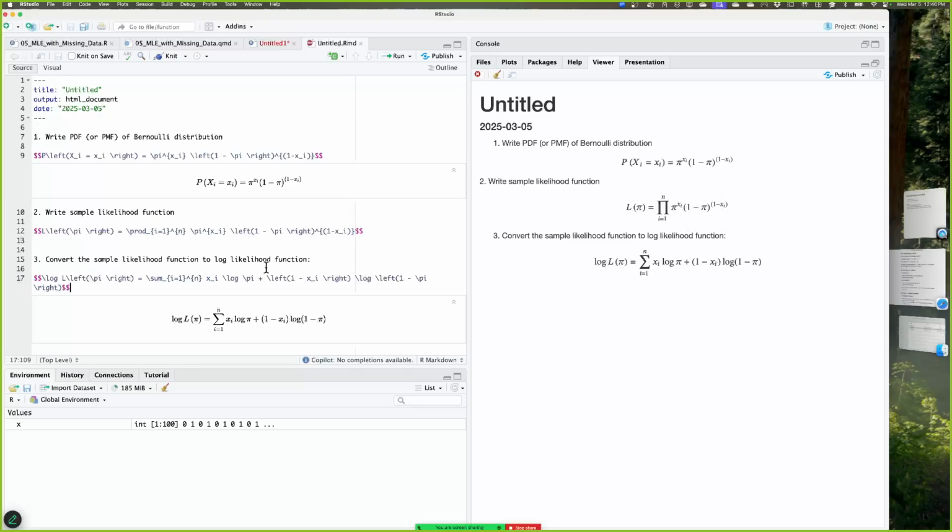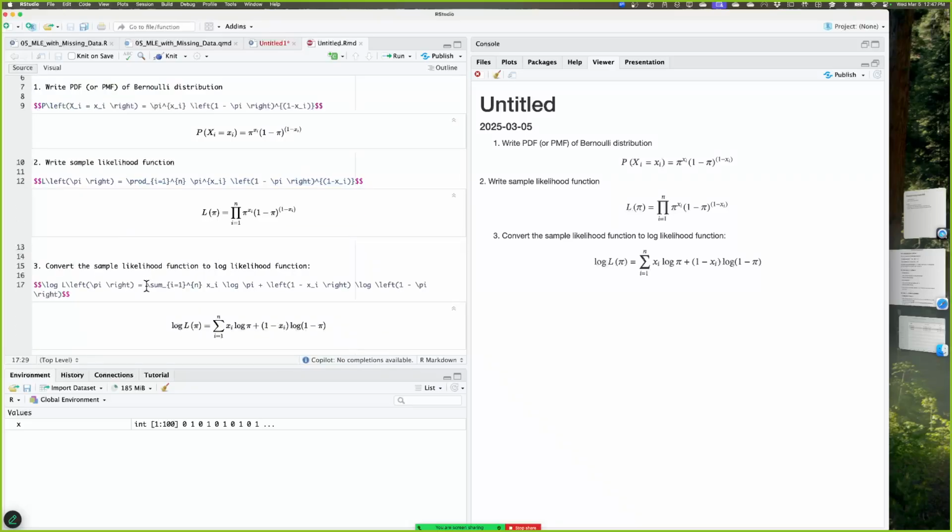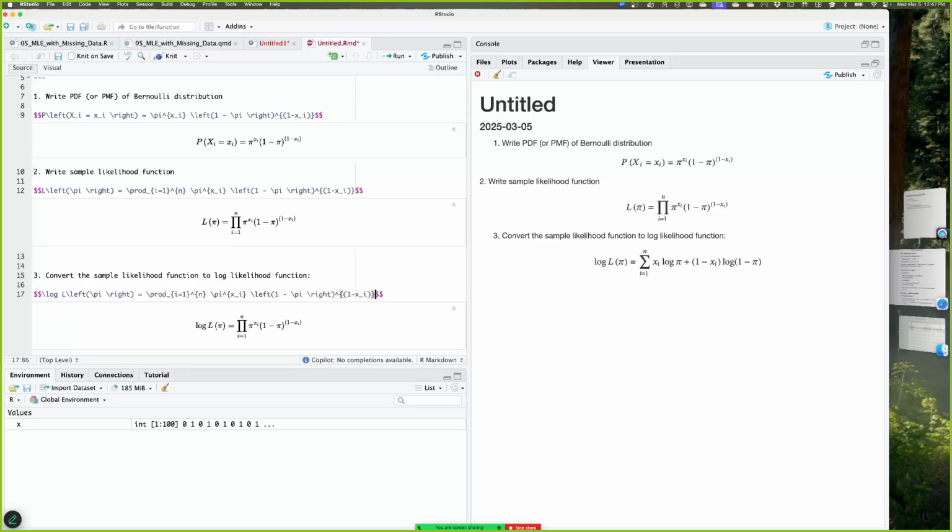I'll give you the steps in between. When I was doing this in school, my math was a little hazy, but how about I just do this? This is the log of this product, and we can re-express it slightly differently.